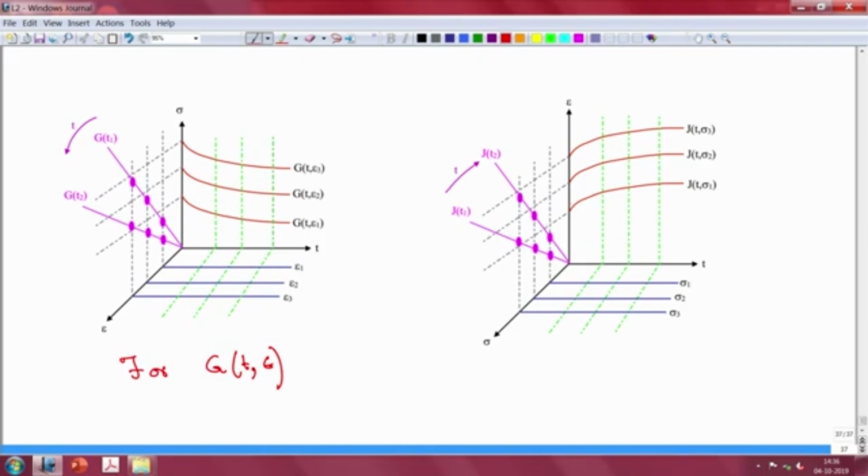Here, by the way, I will just add that the slope is 1 by J(t1), 1 by J(t2). So, this is for the 2 cases.